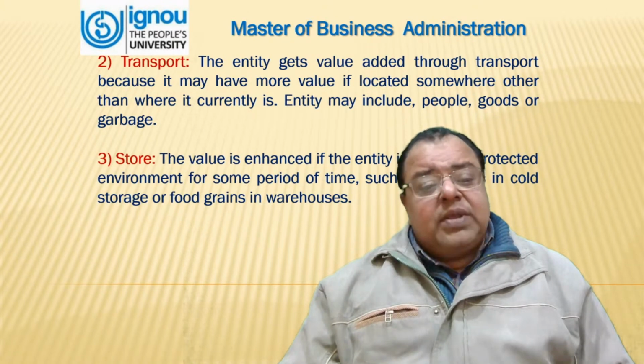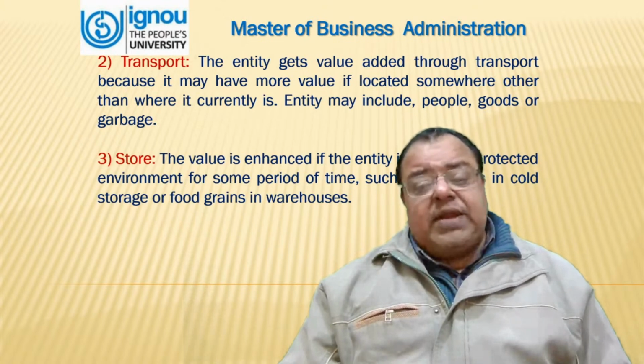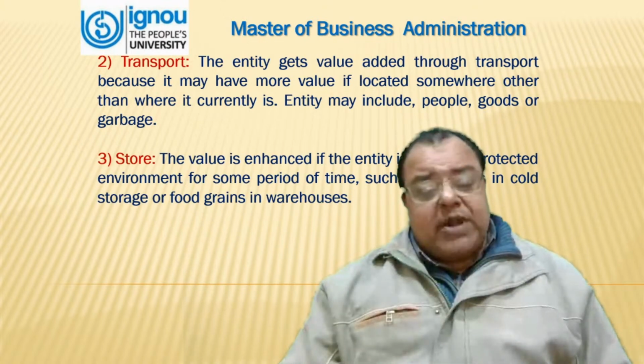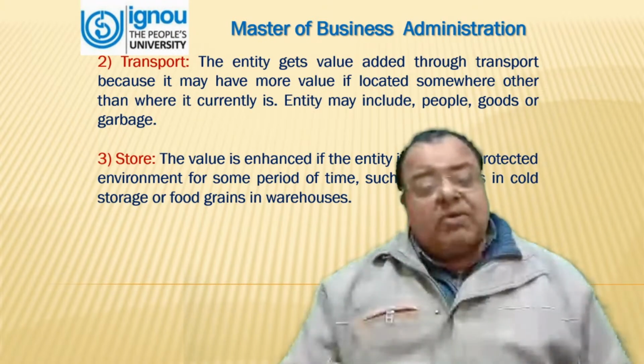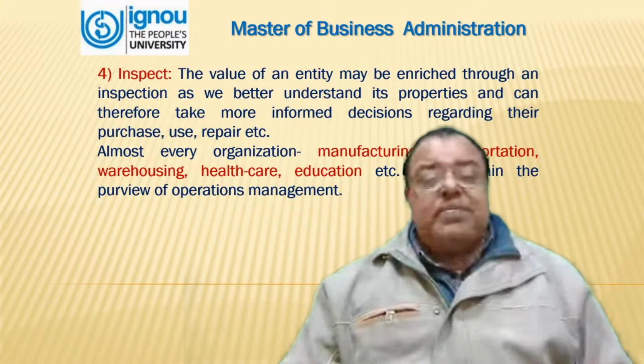Third one is store. The value is enhanced if the entity is kept in a protected environment for some period of time, such as potatoes in cold storage or food grains in warehouses. Fourth is inspect.